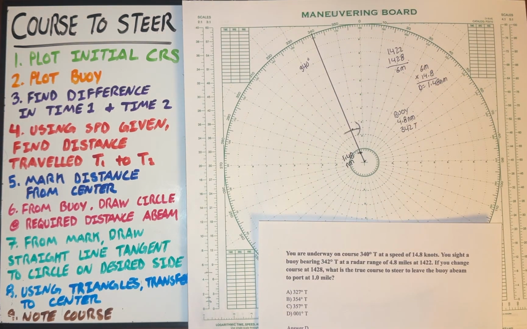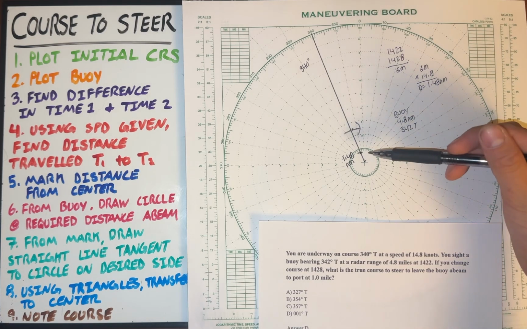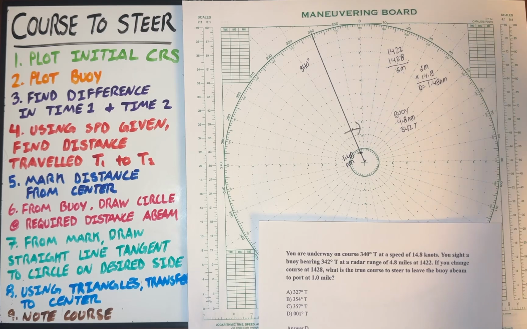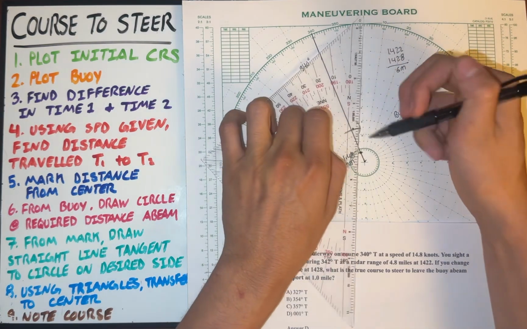Our step number 7 is to, from our mark of 1.48 nautical miles, draw a line tangent to the circle on the desired side. Again, like the visual before, we'll take a line from the mark, tangent to our circle. We're leaving it to port, so we want it on the starboard side of the buoy.